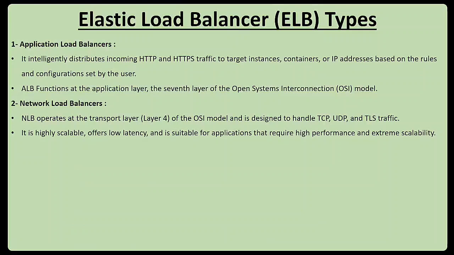It's highly scalable, offers low latency, and is suitable for applications that require high performance and extreme scalability. This load balancer balances your load based upon your TCP/IP traffic: how much traffic is coming in and how much it's distributing. So if you find that server 1 is having huge traffic, then automatically it shifts your traffic to server 2.